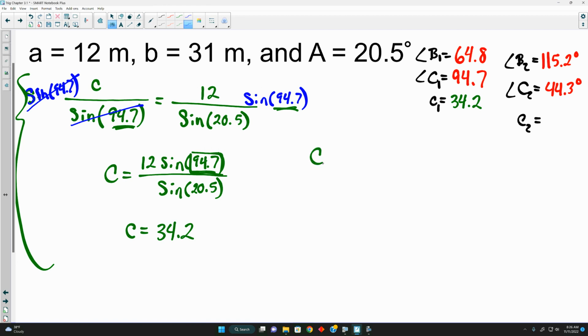So the other C value is really going to be 12 sine of 44.3 over sine of 20.5. I could go back through and rewrite out C over sine of 44.3 is equal to 12 over sine of 20.5. Multiply both sides by sine of 44.3 and get here.